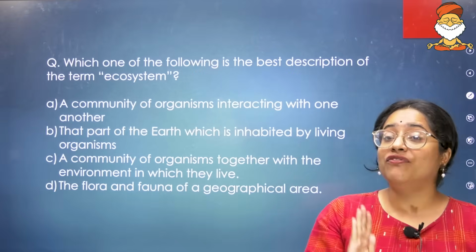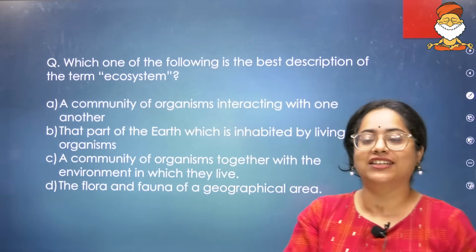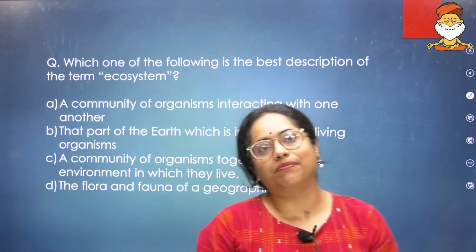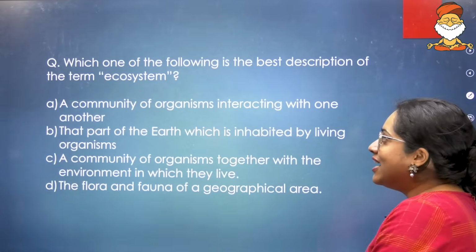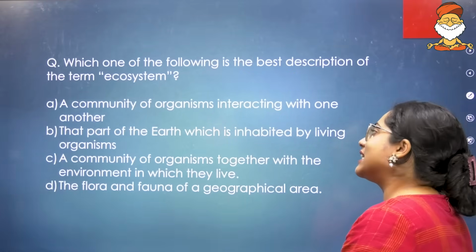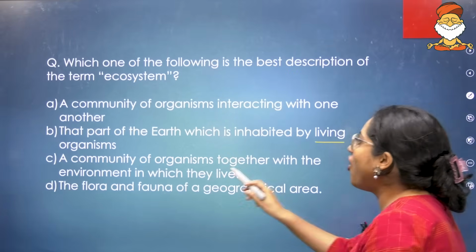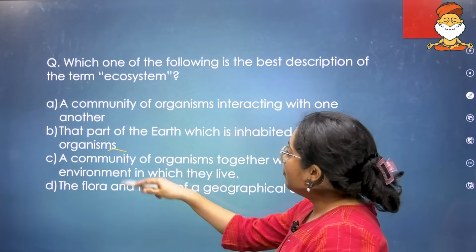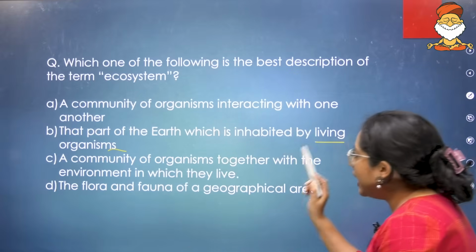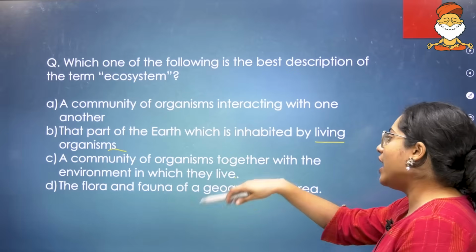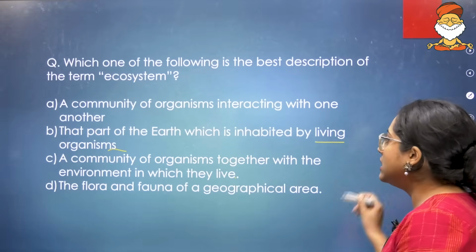So look at it, find out the one which is close enough as a definition of ecosystem. To read the statement: which one of the following is the best description of the term ecosystem? A, a community of organisms interacting with one another; B, that part of the earth which is inhabited by living organisms; C, a community of organisms together with the environment in which they live; D, the flora and fauna of a geographical area.